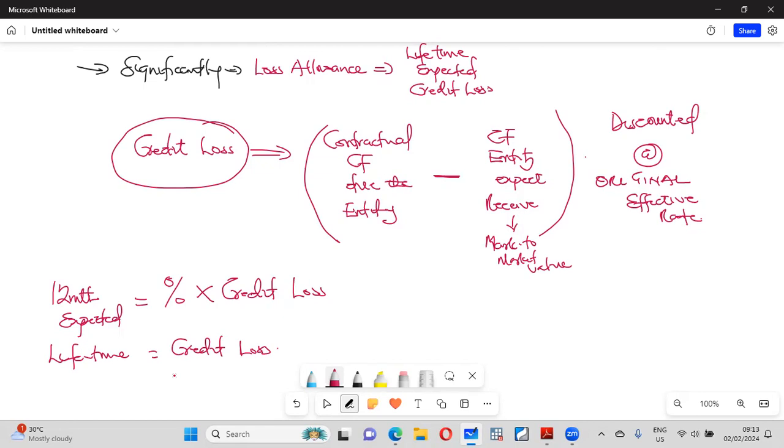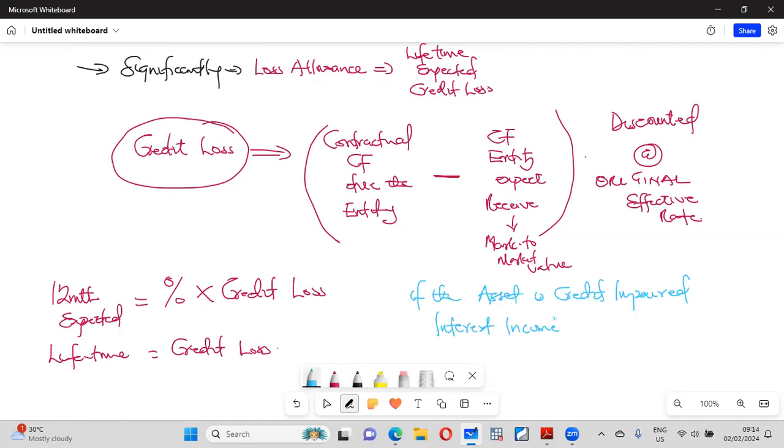Now, if the asset is credit impaired, and I've given you the signs of credit impairment already, you have to be very, very careful, because these are the things that can put you into trouble.